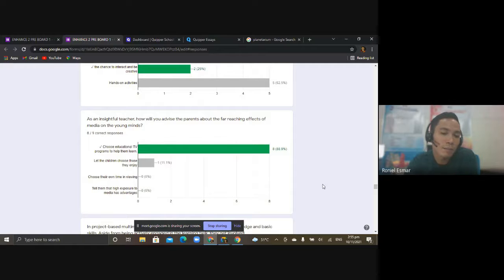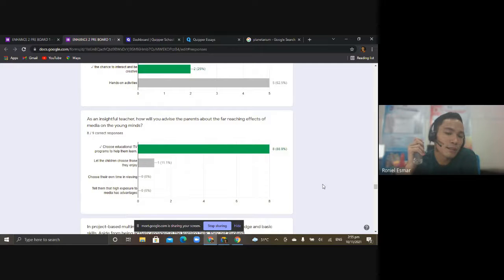Next is tell them that high exposure to media has advantages. Let's not be confused with the advantages that we can get in making use of media. However, the statement says high exposure to media has advantages.